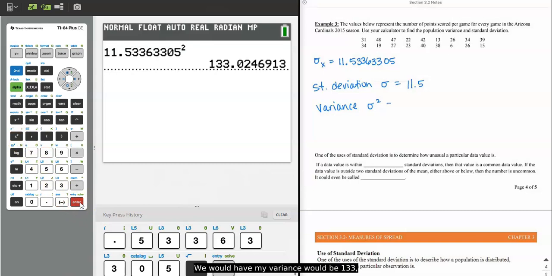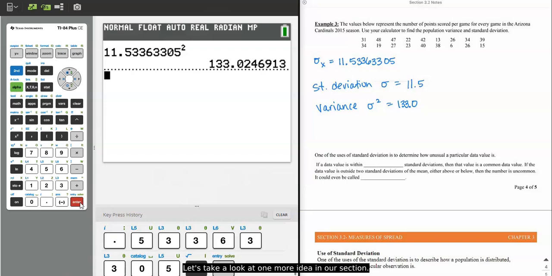So my variance would be roughly 133. So again, as long as I have my data, I can enter that into my calculator and figure out the variance, standard deviation, and even the mean and median if I needed that.